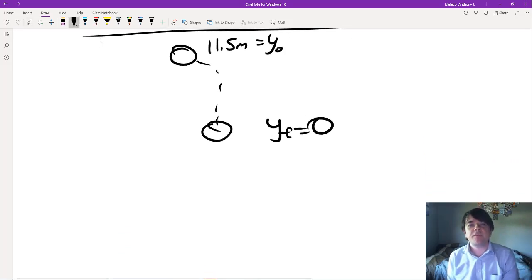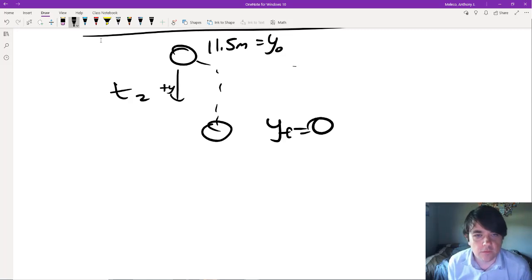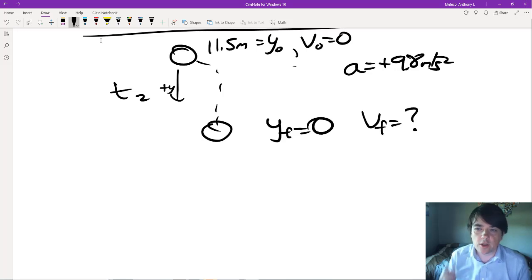For this stage of it, so we're solving for T2, this is the second half of motion. What I would do here is I would just go ahead and say down is positive for this. And so A is positive 9.8. We know our V initial up here is going to be 0. We don't actually know what our V final yet is.